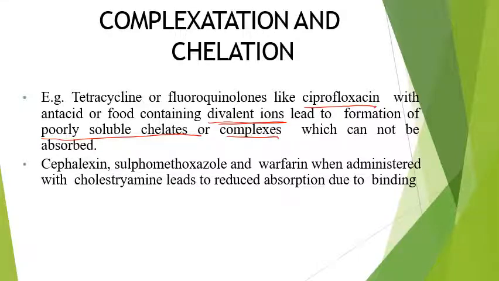Another example is cephalexin, sulfamethoxazole and warfarin. These two are antibiotics whereas this is an anticoagulant. These three drugs, when administered with cholestyramine, lead to reduced absorption due to binding.